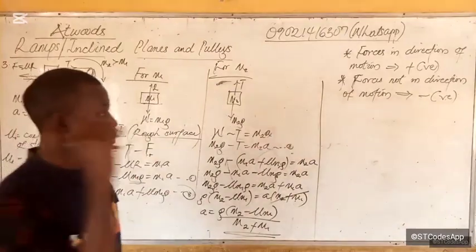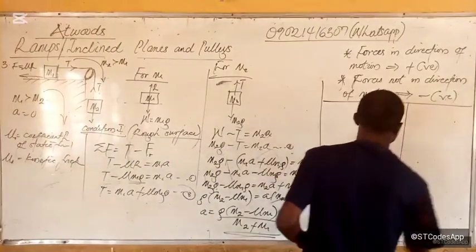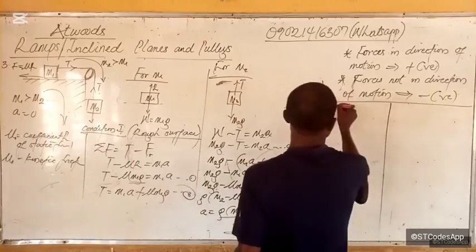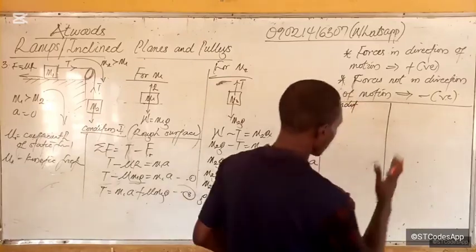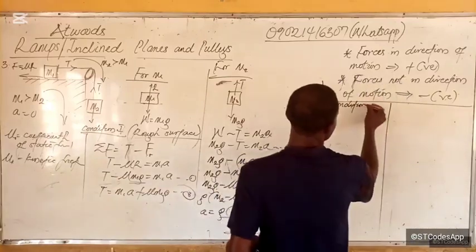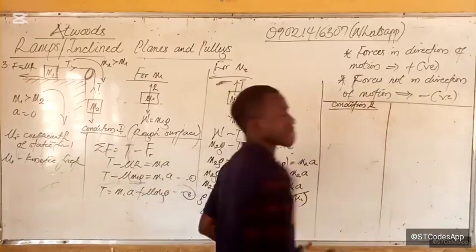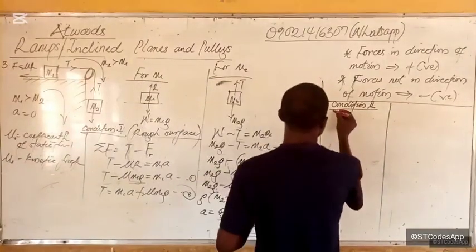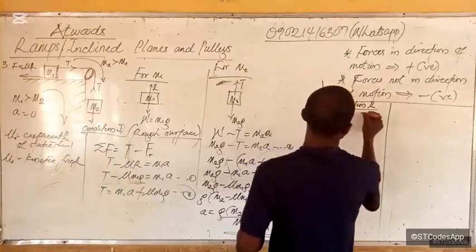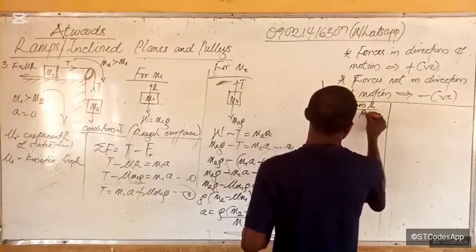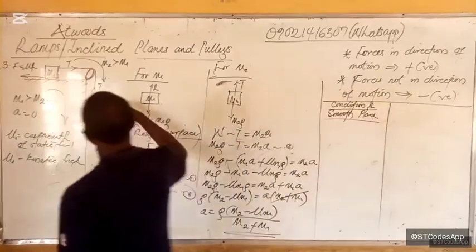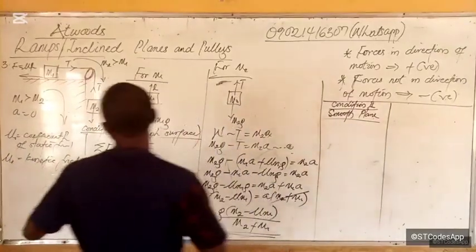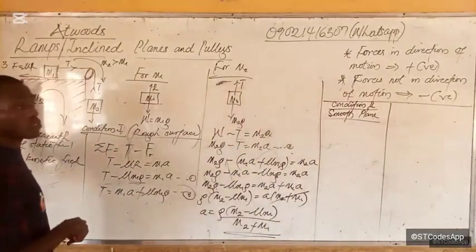But for condition 2, if condition 1 is rough surface, it means that condition 2 will be what? Smooth. If the plane was a smooth plane, or smooth surface, there is no frictional force.